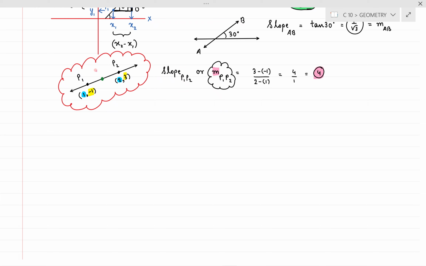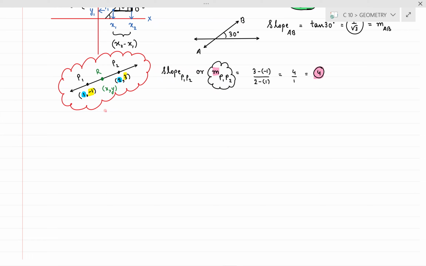Let the point be R, and the coordinates you will always consider as x, y. You will always consider the coordinates of this random point as x, y.